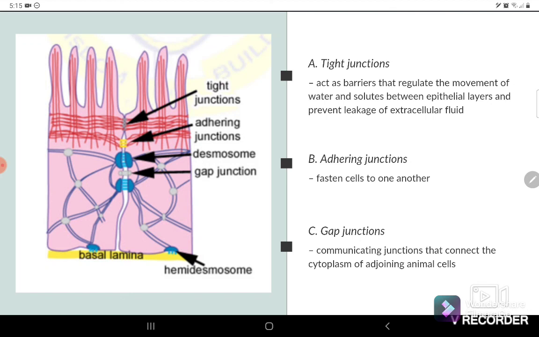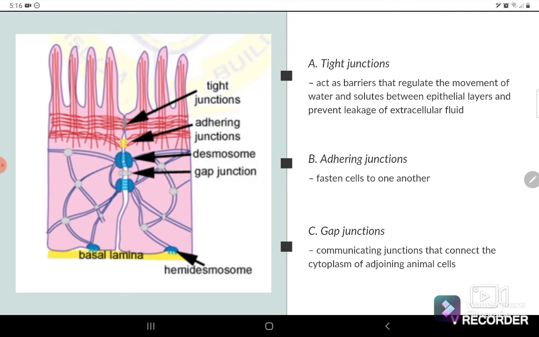Since these tight junctions are tight, they block or prevent the moving out of different solutes and water molecules found in the extracellular fluid. So that is for the tight junction.